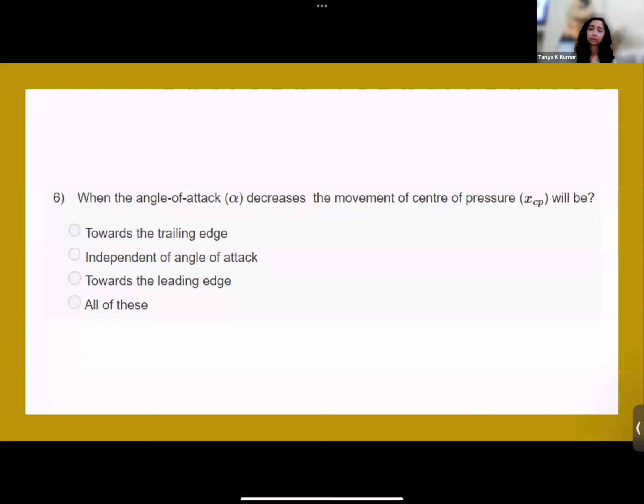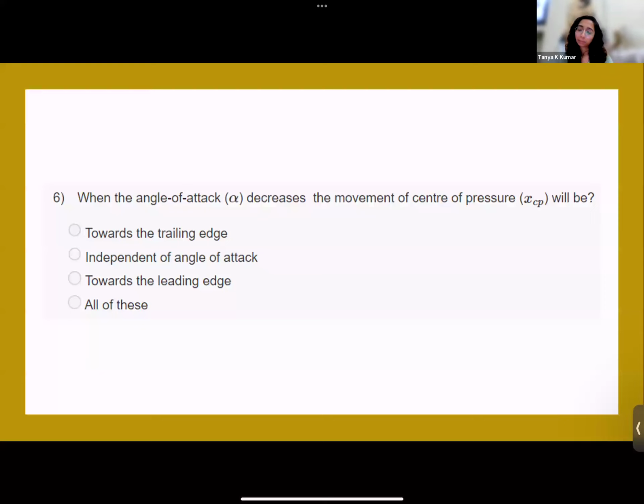Just take a moment and try to tell me. Trailing edge.